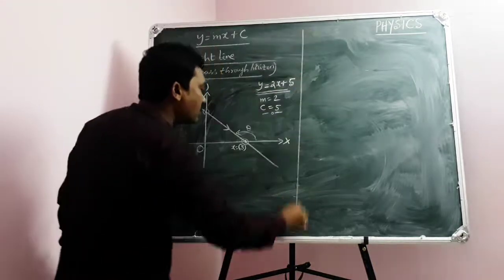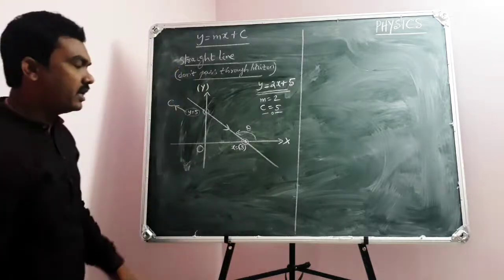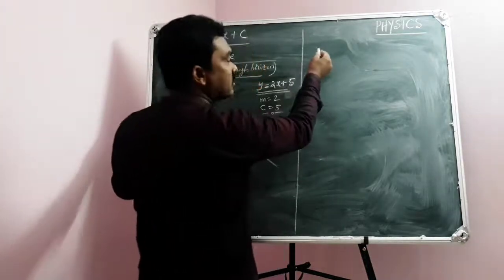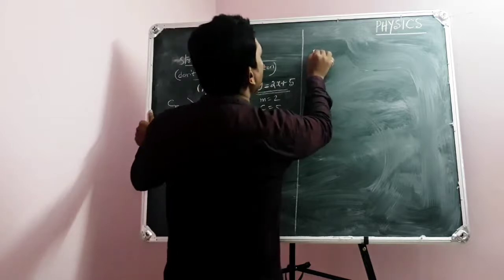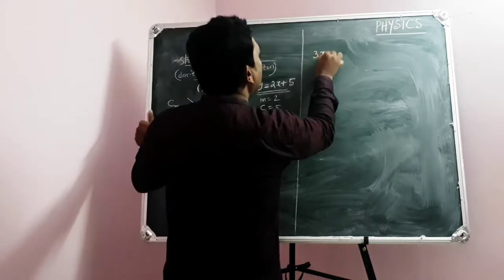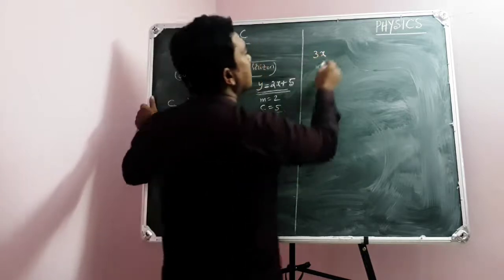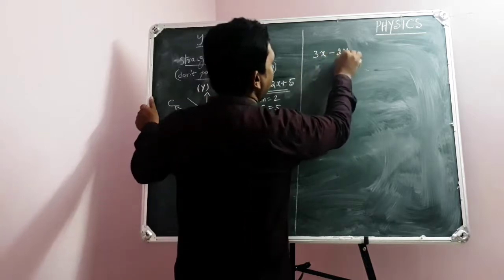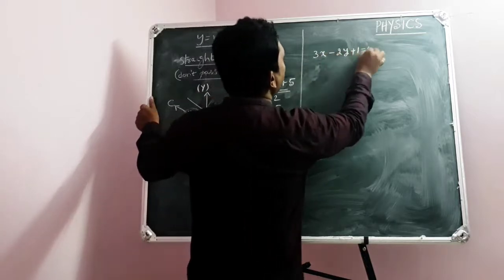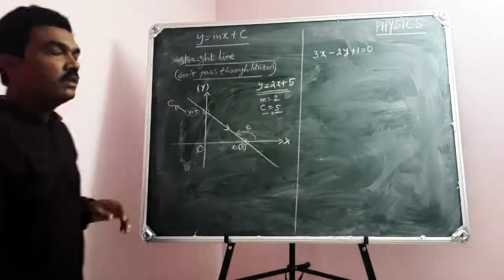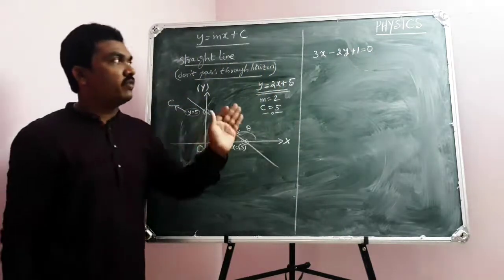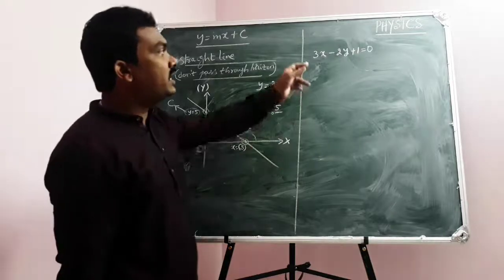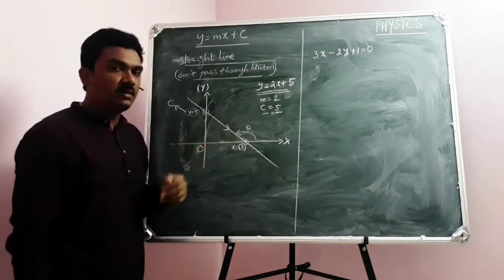Sometimes you come across a mathematical equation like this: 3x minus 2y plus 1 equal to 0. Of course, I think you are familiar, it's a linear equation in two variables.